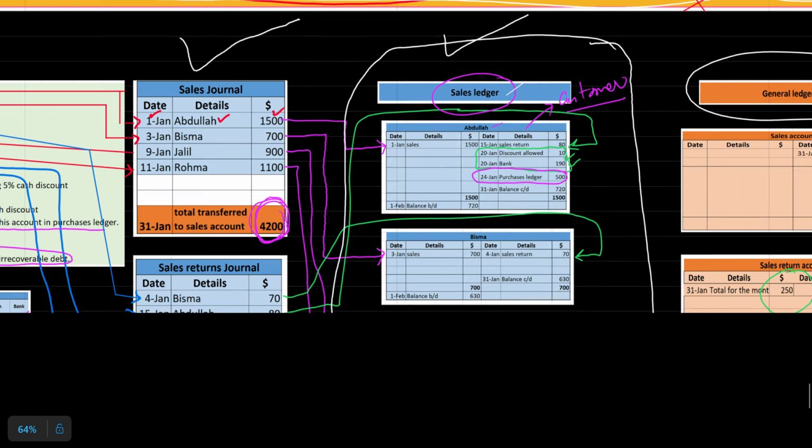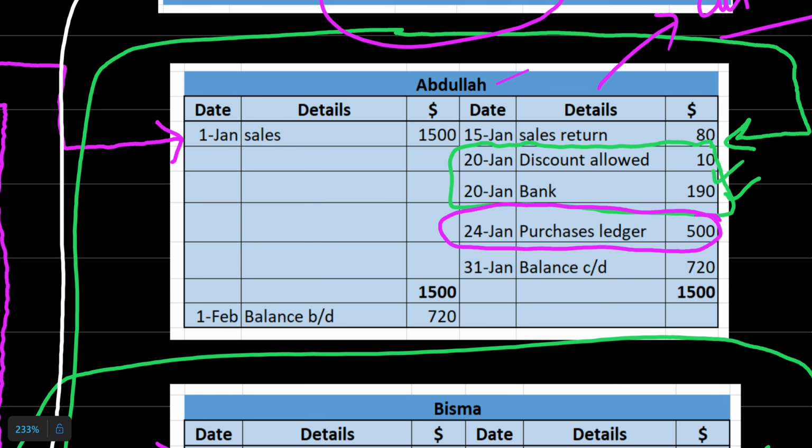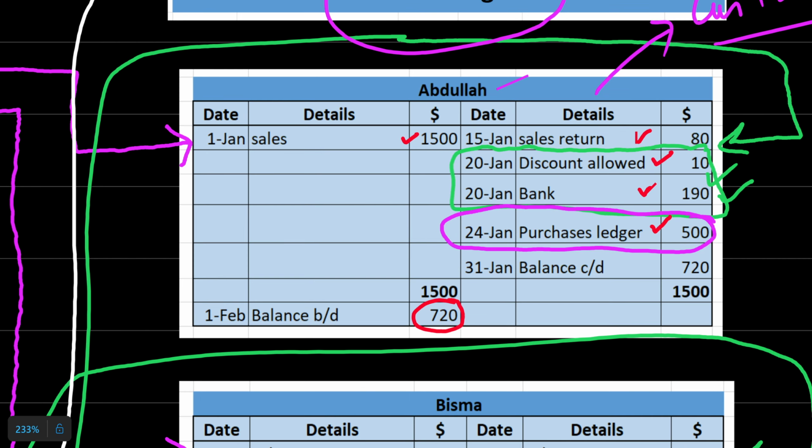Students, this is Abdullah's account. In Abdullah's account, sales of Abdullah have been recorded. Sales returns by Abdullah have been recorded. Discount allowed to Abdullah is recorded, amount received from Abdullah is recorded, any contra amount is recorded, and this is the total amount receivable from Abdullah.